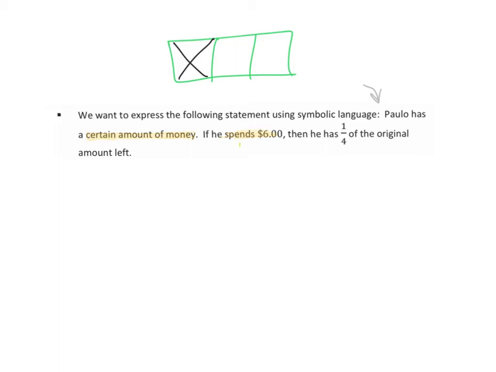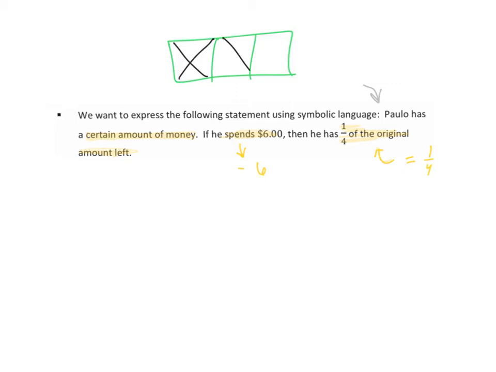When you spend money, you're subtracting it. So he spends $6. Then he has 1/4 of the original amount left. So this is what it equals after he spends the $6, okay? It equals 1/4 of whatever the original amount was, okay?